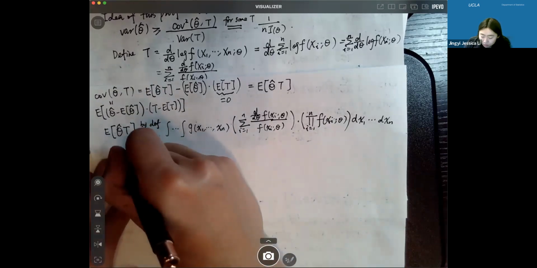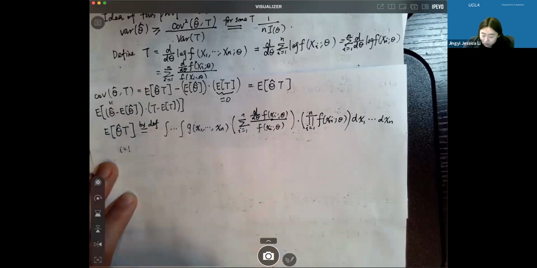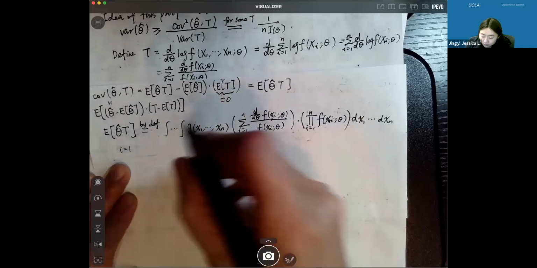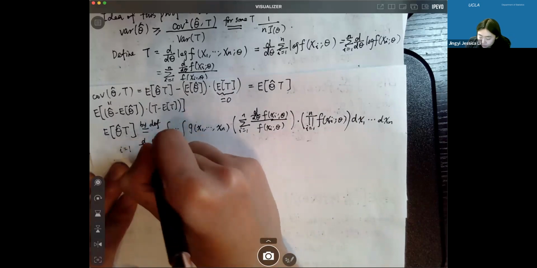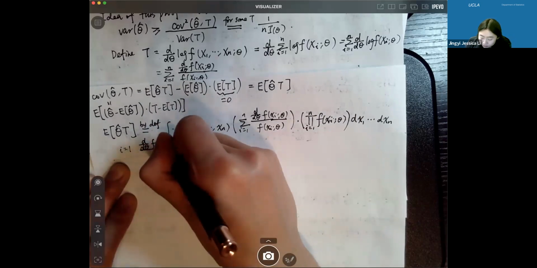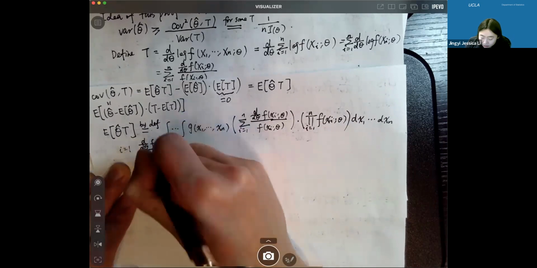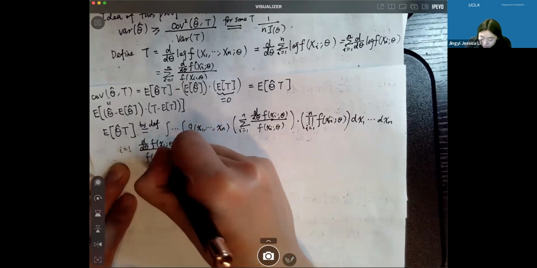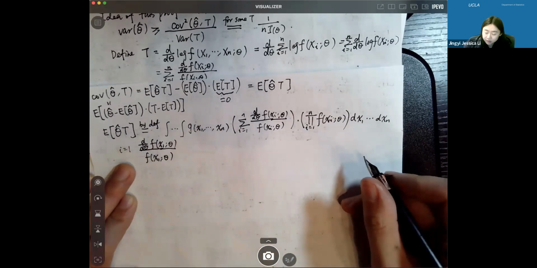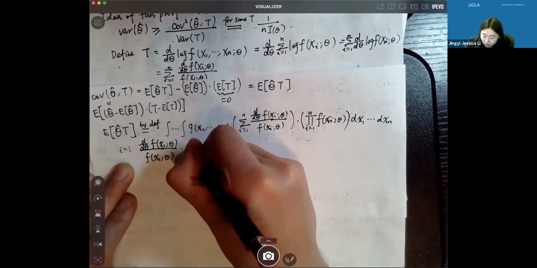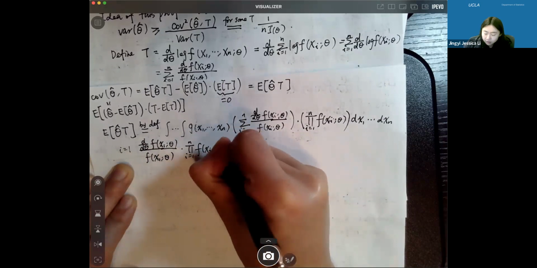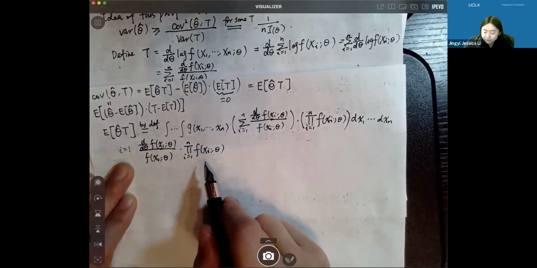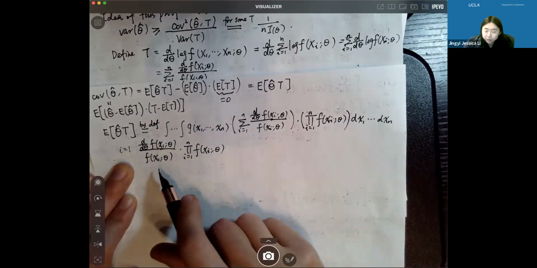So let's look at the term for i equals 1. Look inside the sum: d theta f(x1; theta) divided by f(x1; theta), times the product. In the product, we have f(x1; theta), which can be canceled with this.